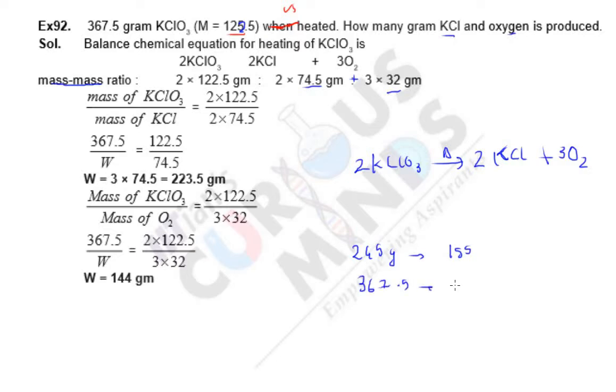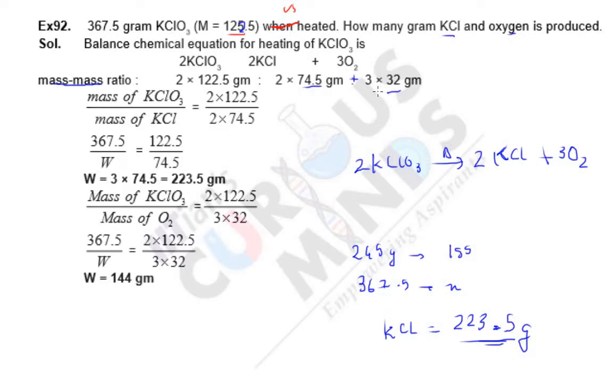So simple unitary method. On solving, you get the value of KCl as x equal to 155 into this upon this, so 223.5 आएगा, right? So this is the amount of KCl formed.